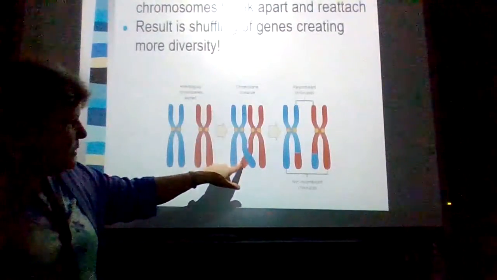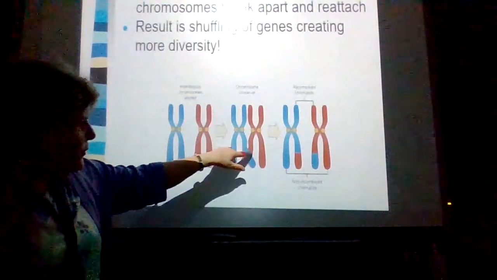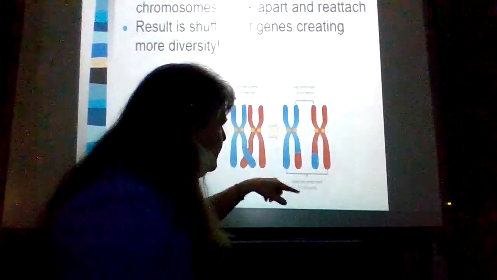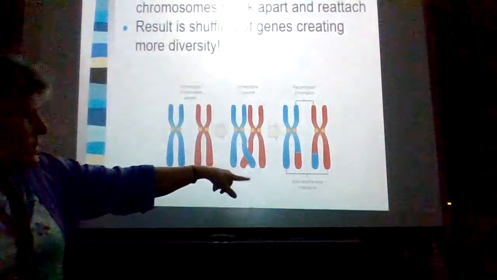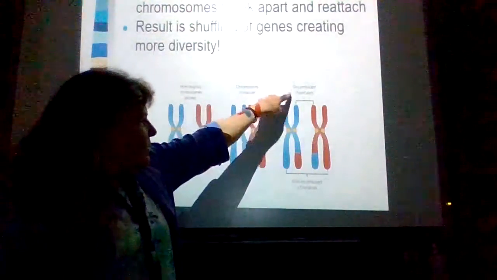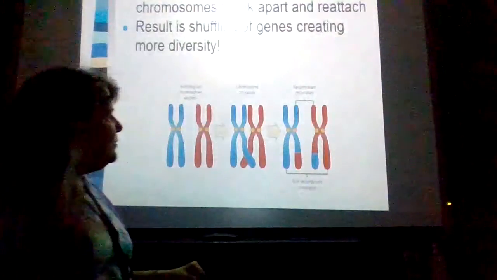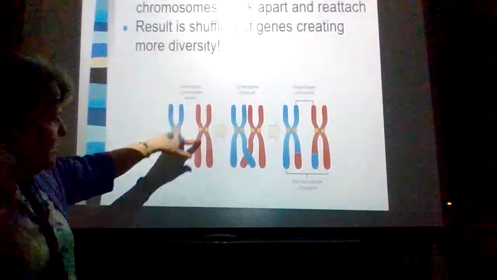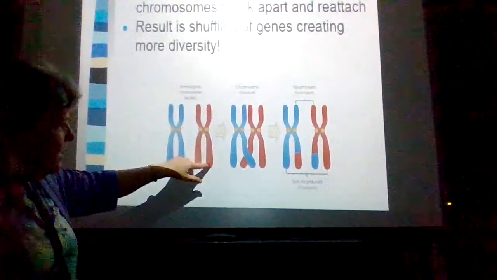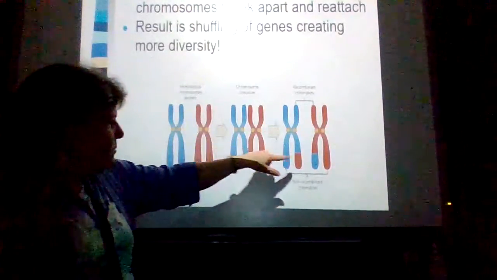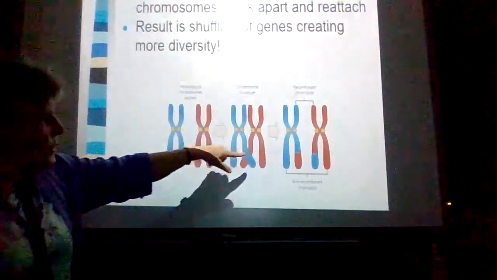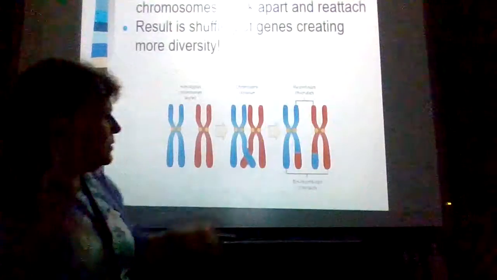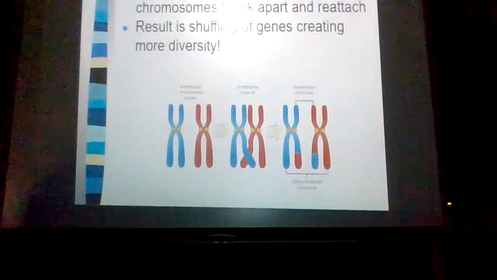My chromatids will get entwined. And what happens, they'll break off and then they'll reattach. But when they reattach, they reattach in a different location. This is called recombinant. If it stays straight, it's called non-recombinant. But again, this is the crossing over process. So you can imagine there's genes all along here, there's genes all along here. If we're crisscrossing and matching and crossing over, we're changing the genes from this chromosome over to this chromosome. So again, it's just leading to diversity.